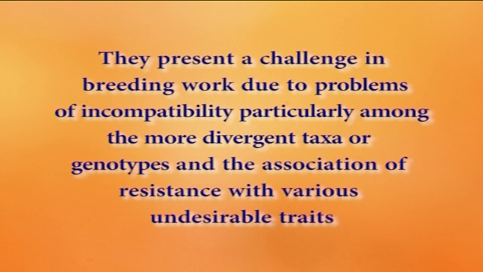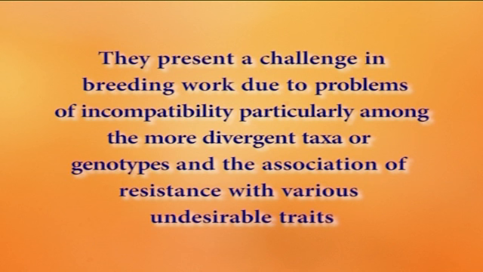However, they present a challenge in breeding work due to problems of incompatibility, particularly among the more divergent taxa or genotypes, and the association of resistance with various undesirable traits. Embryo rescue and somatic hybridization techniques may facilitate otherwise difficult gene transfers.